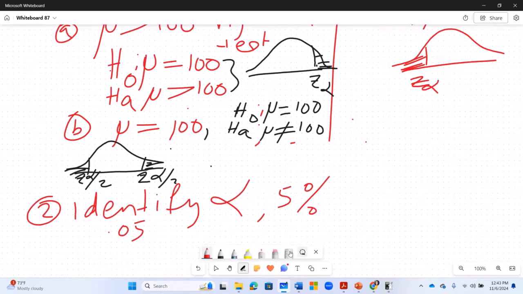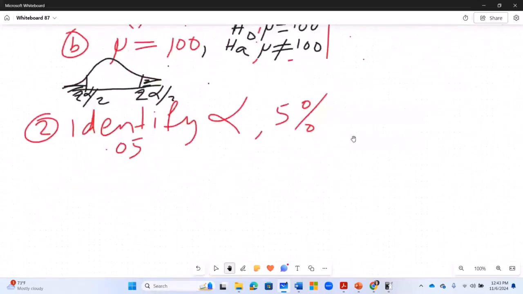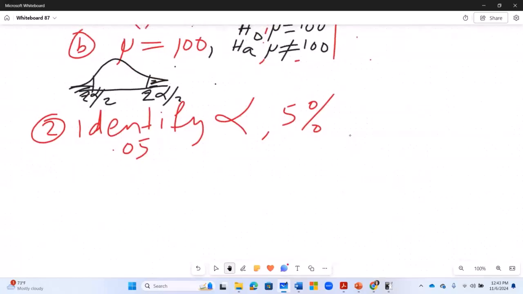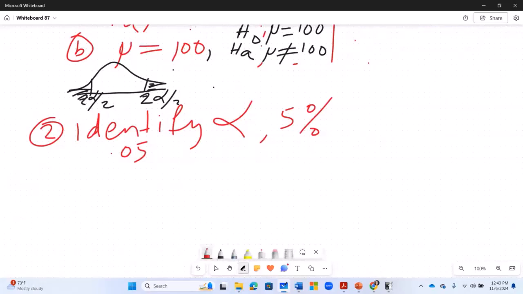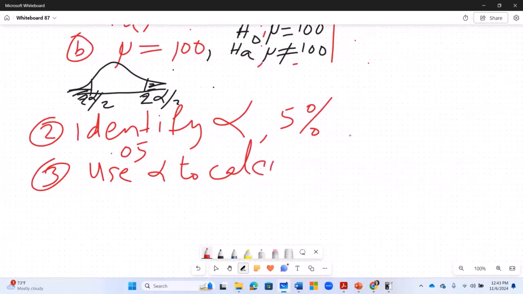Okay, so the next step now is to calculate the critical value. When you know the alpha, you use alpha to calculate the critical value.